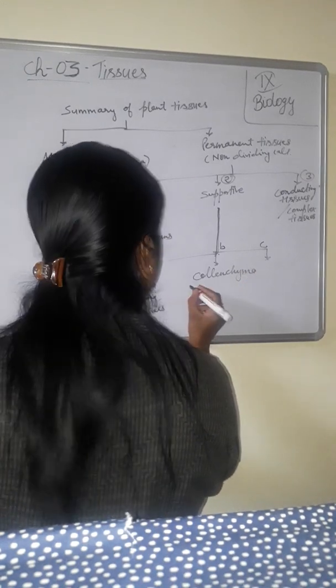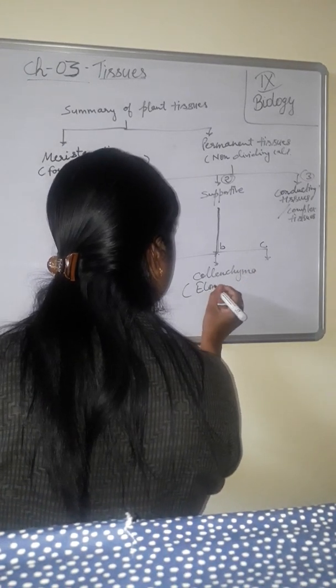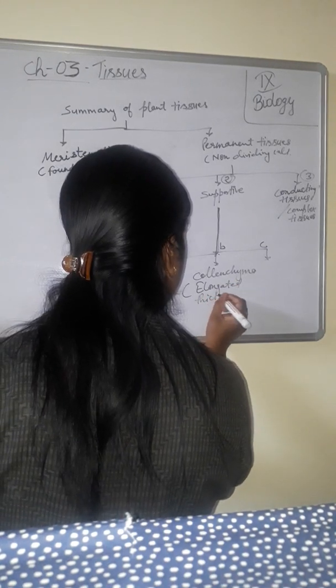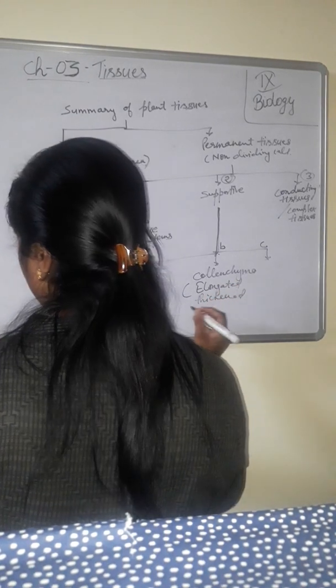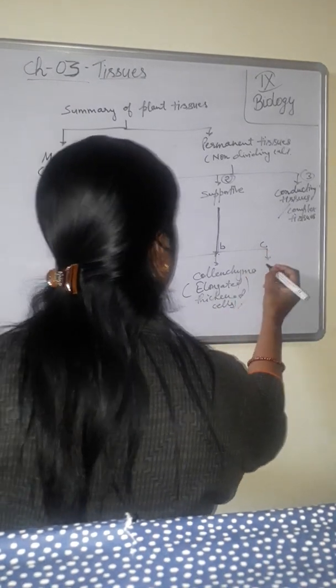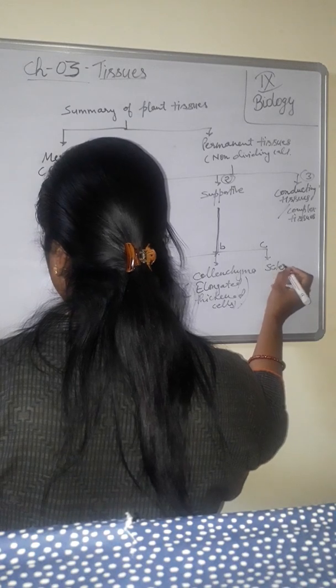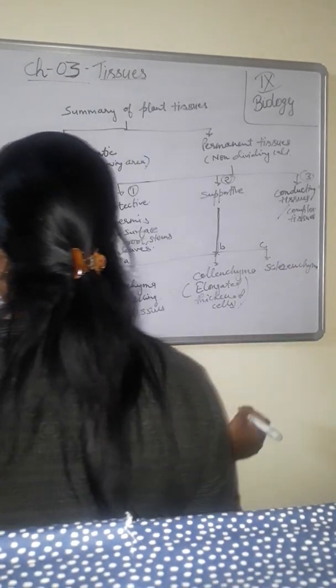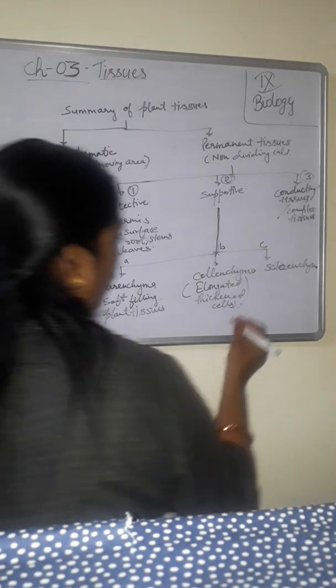Collenchyma are elongated, thickened cells. Okay, and third one is sclerenchyma. Sclerenchyma have thickened lignified cell walls.